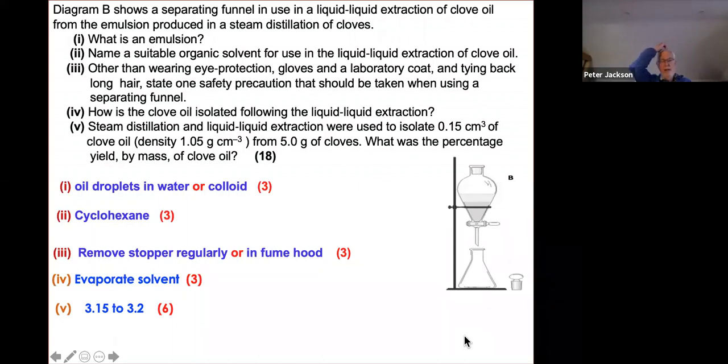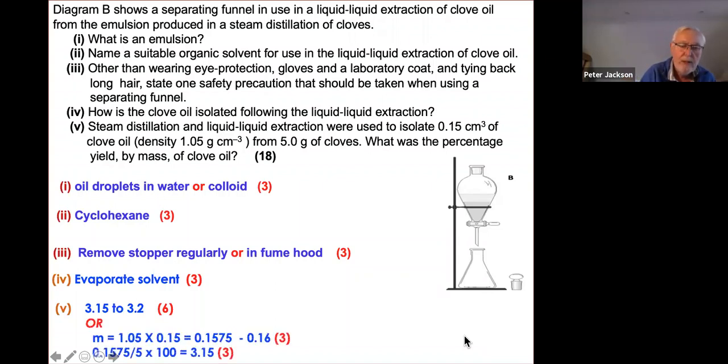If you're given the density and volume of something, you work out its mass by multiplying the density by the volume. So it's 0.15 times 1.05, right? And that equals 0.1575, or you can take it to 0.16 if you like.